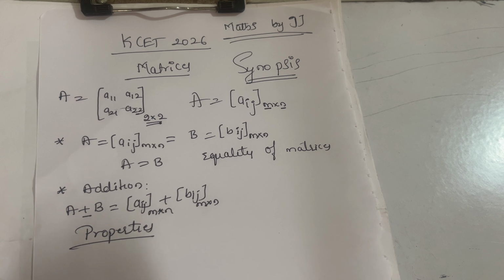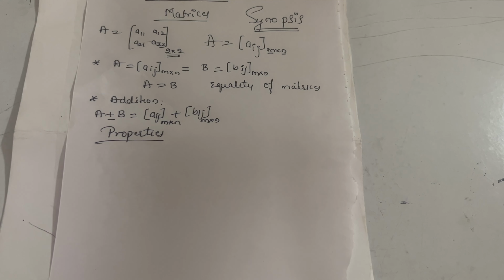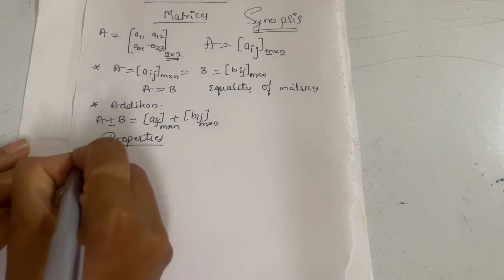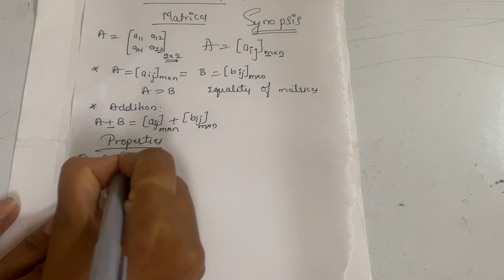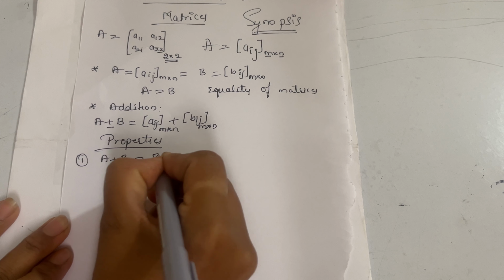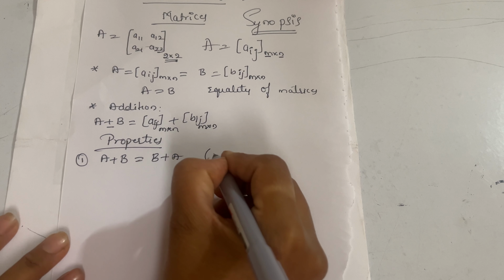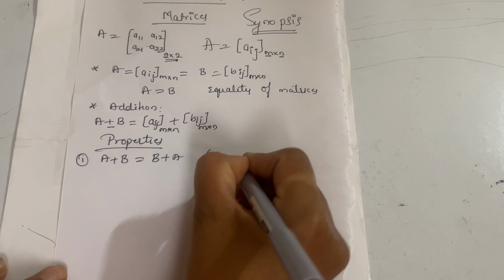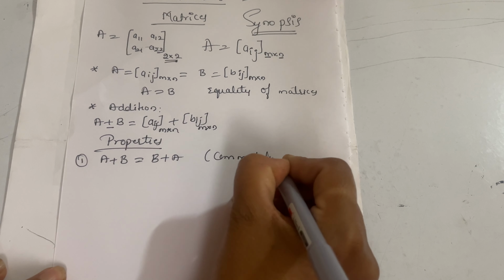Okay. Now, what are the properties with respect to addition? Number one is A plus B should be equal to B plus A. What is this called? This is called the commutative law.